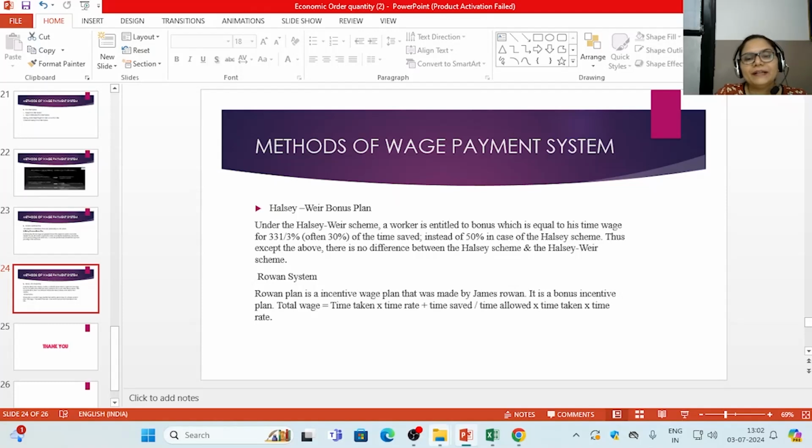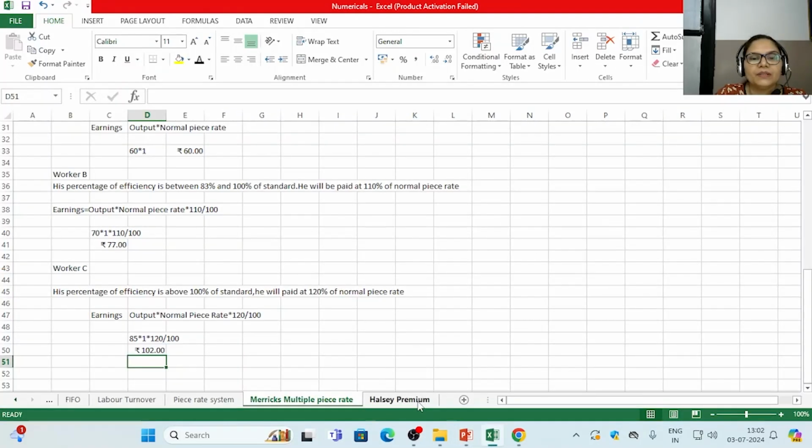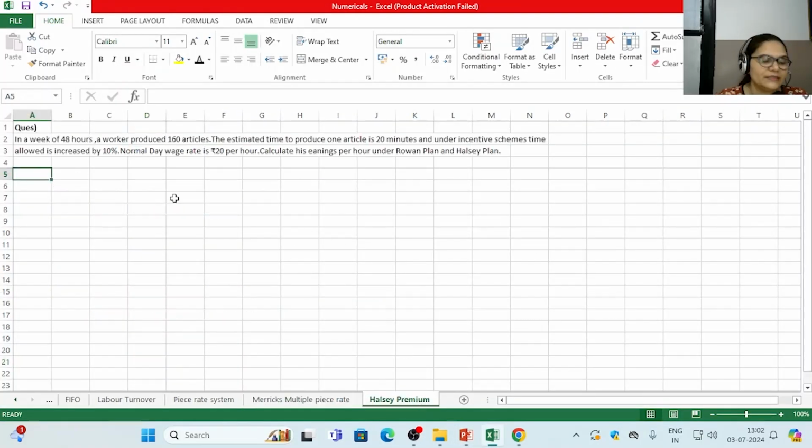Now, for better understanding of the system, we will understand these incentive and bonus plan schemes according to a numerical. So, let us go through the question.